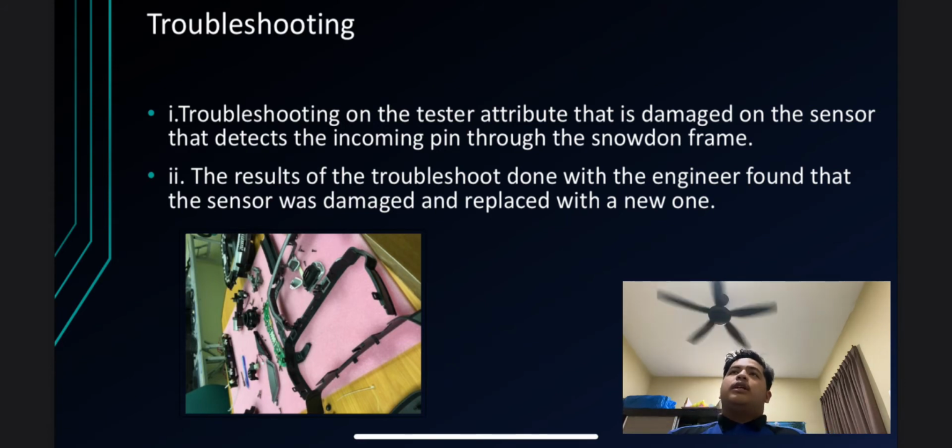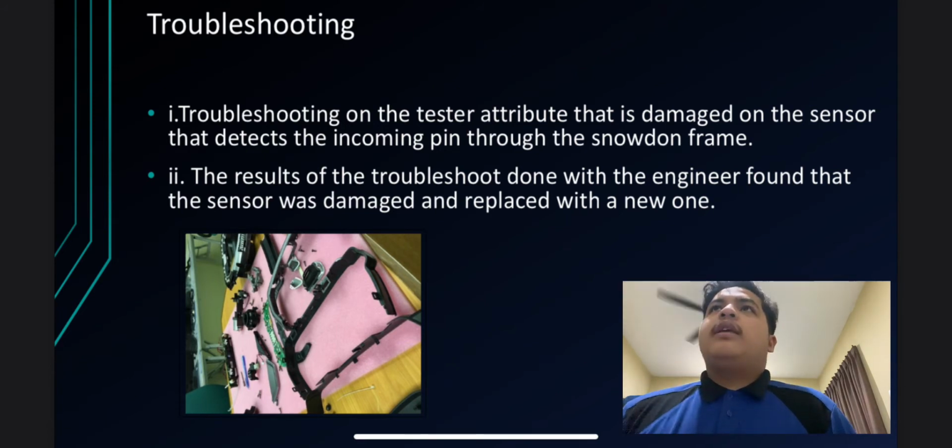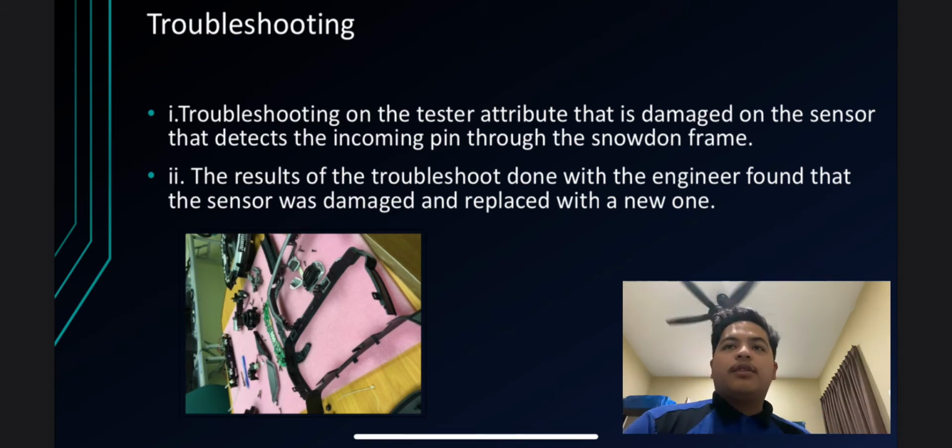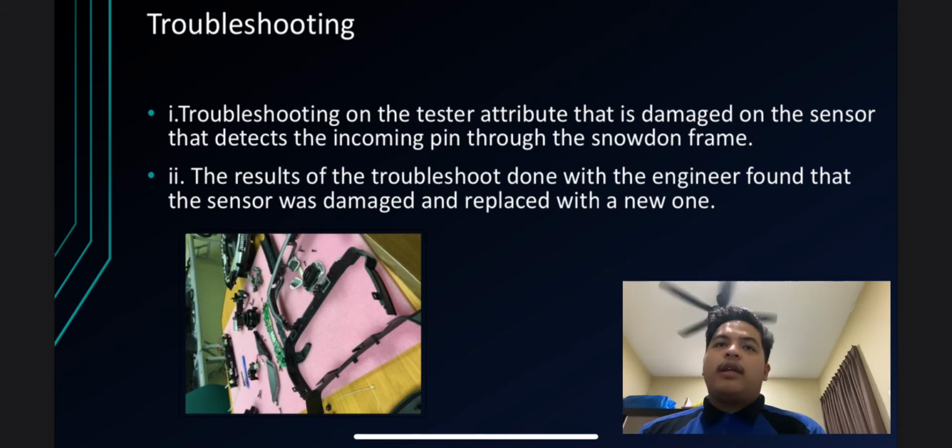Because many sensors are broken, when we do a service we must change the sensor. The result of the troubleshooting done with the engineer found that the sensor was damaged and replaced with a new one.